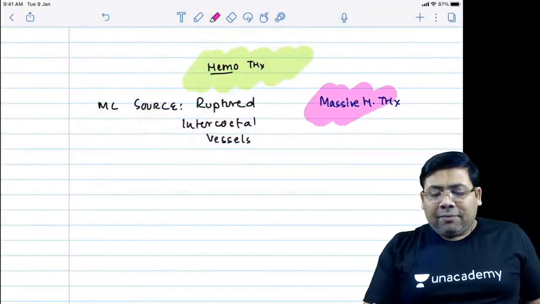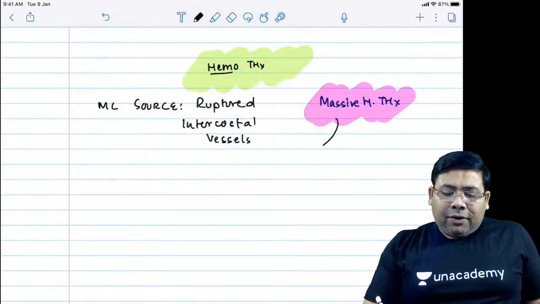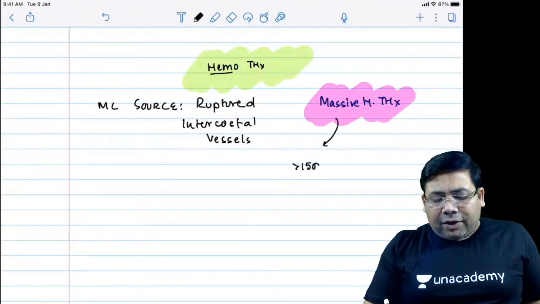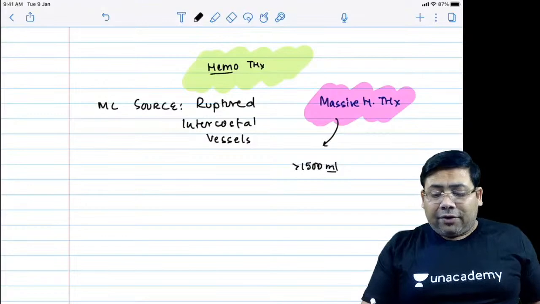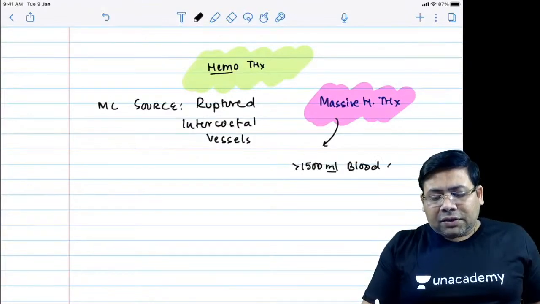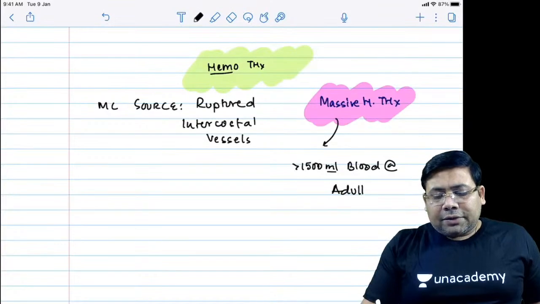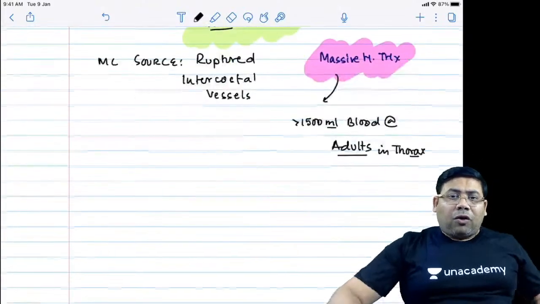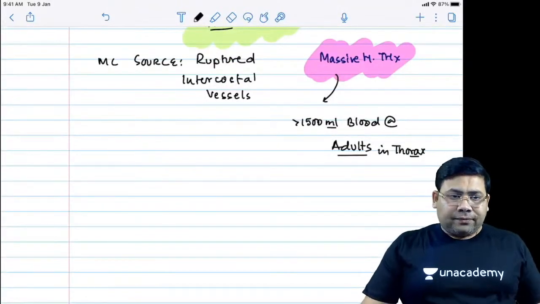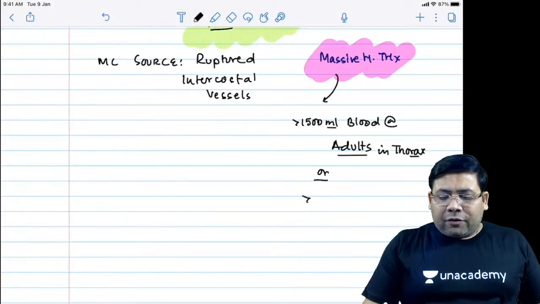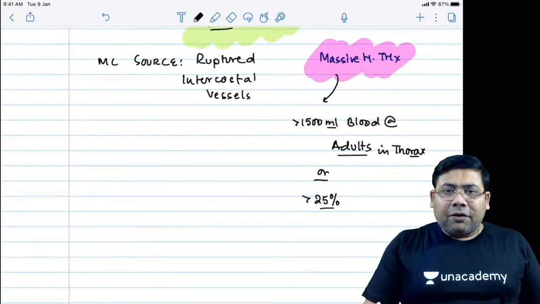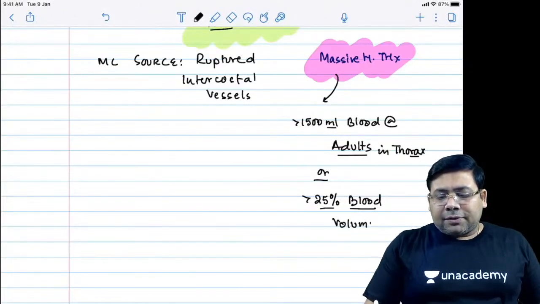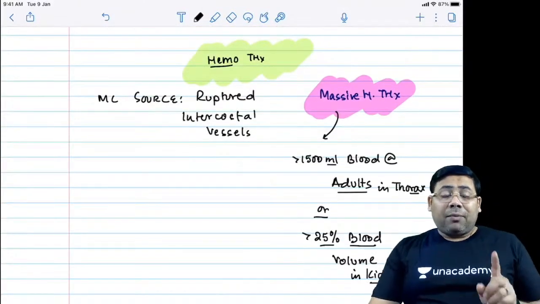The answer is, massive hemothorax is indicated when there is more than 1500 ml blood in the thorax in case of adults, or more than 25% blood volume in kids. So this is what is massive hemothorax.